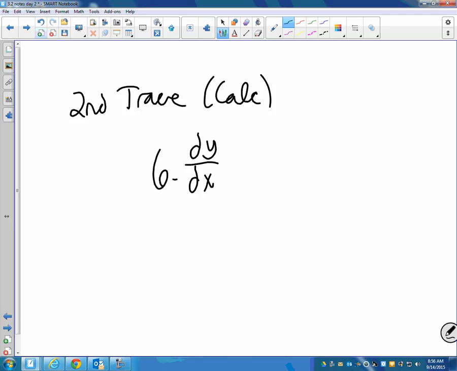If you hit second calc and number 6, it asks you for x, so just type in 0. It should show up at the bottom, dy dx equals, and it also says 0, which is also not true. Did you see that? So hit calc 6, and then just type the number you want, and then hit enter. And it says dy dx equals 0.